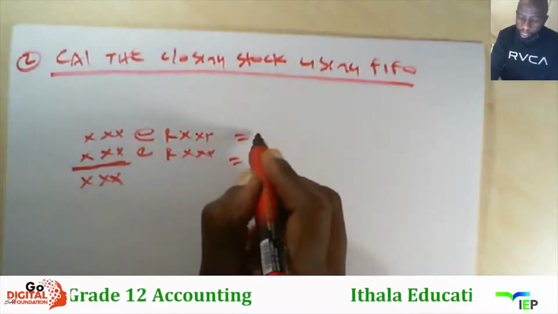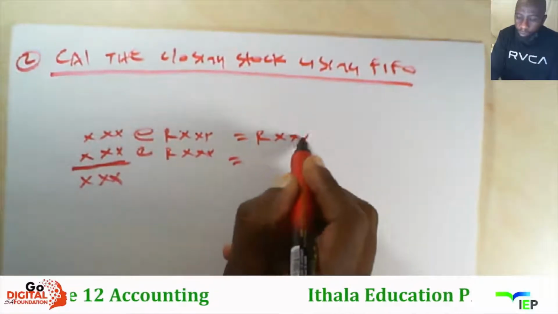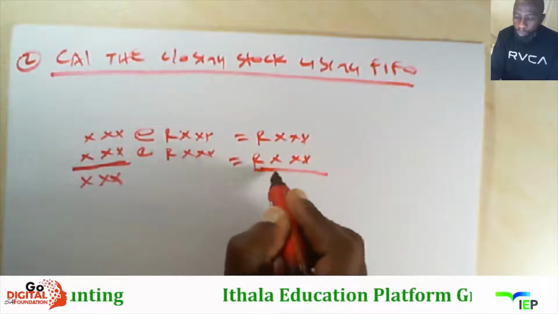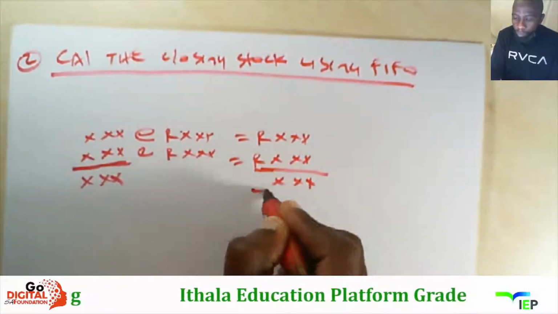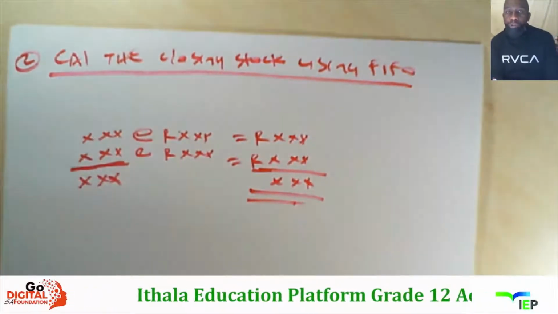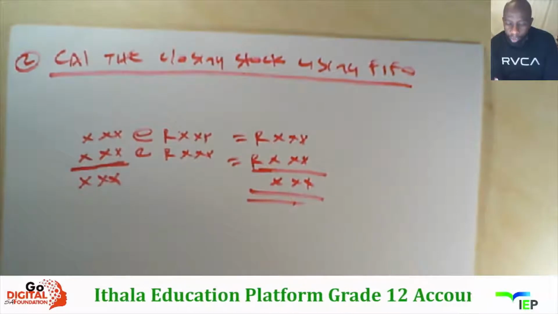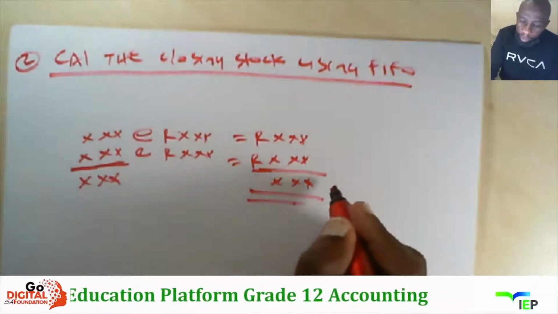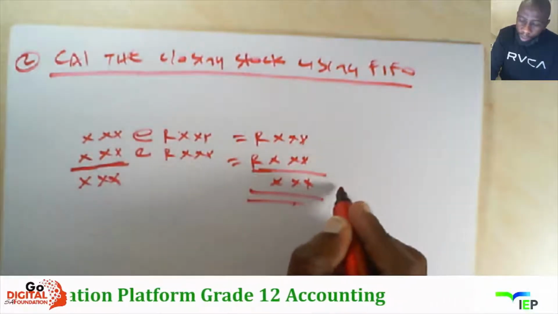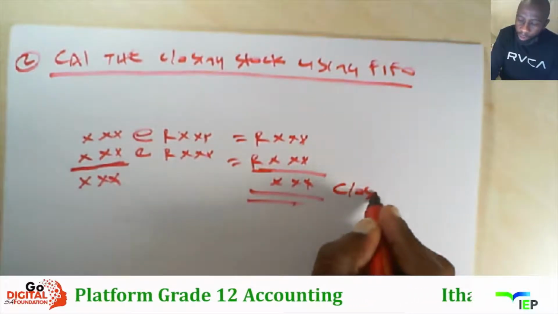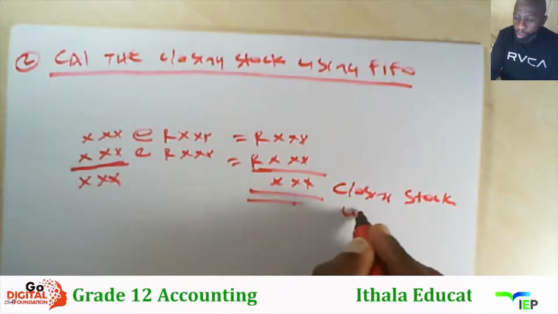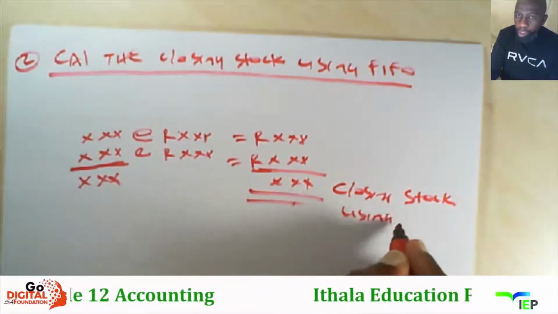You get the answer. That's how you have to do it. This is the closing stock using FIFO.